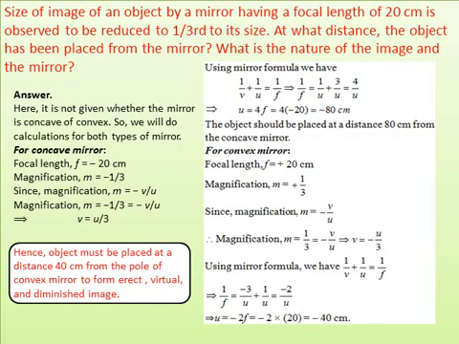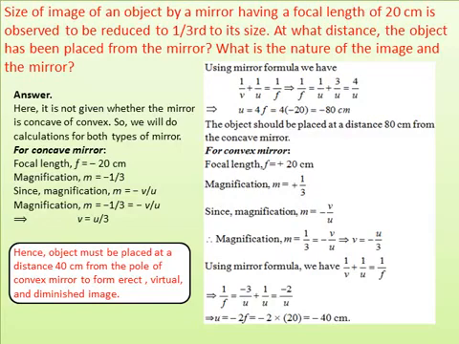From the formula, minus V by U is equal to minus 1 by 3, we get V is equal to U by 3. So, in the mirror formula, in the place of V, you substitute U by 3.